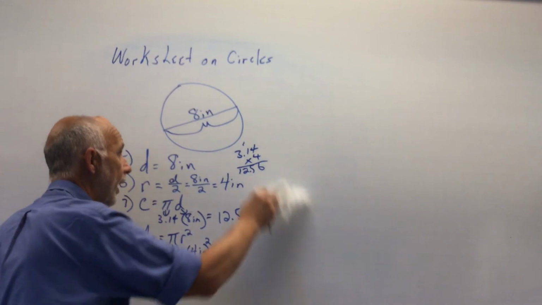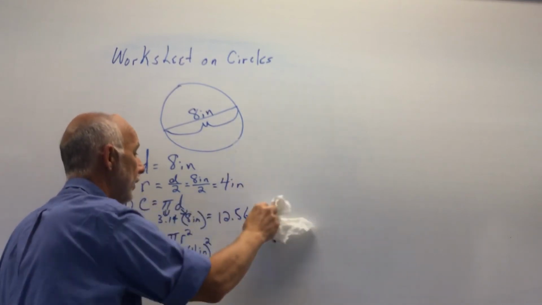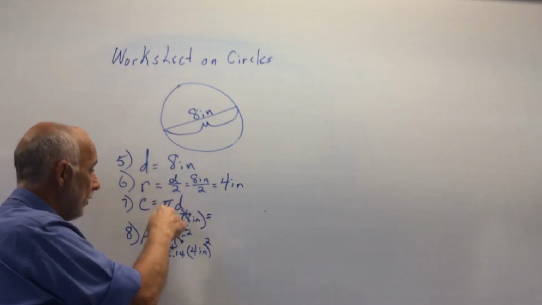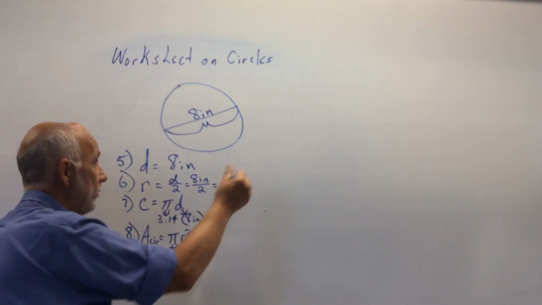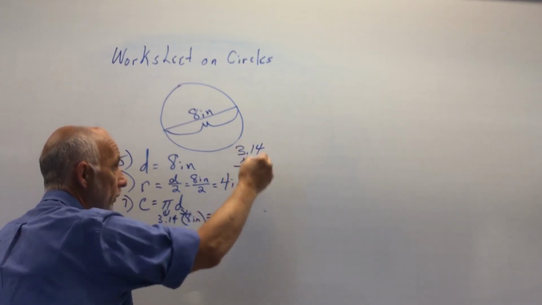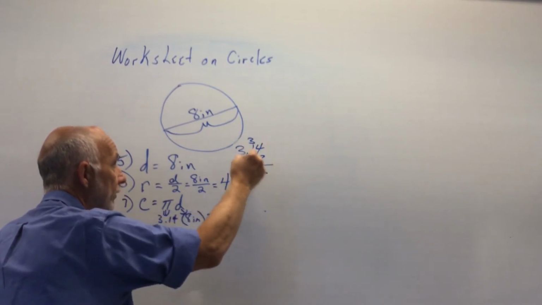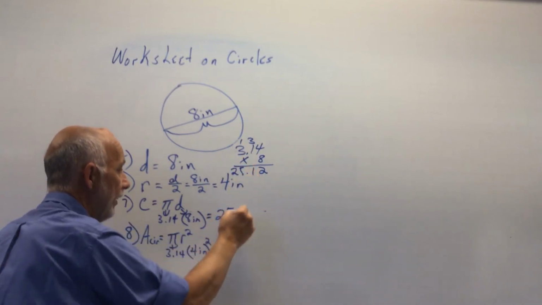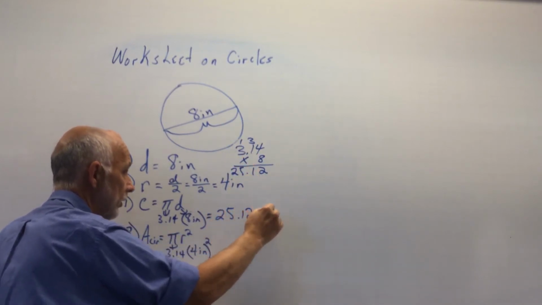Boy, that's horrible for me to do that. Okay, luckily I caught my mistake. Diameter times pi is 8 times 3.14. I guess it's been a long morning already for me. Let's try 25.12 inches.